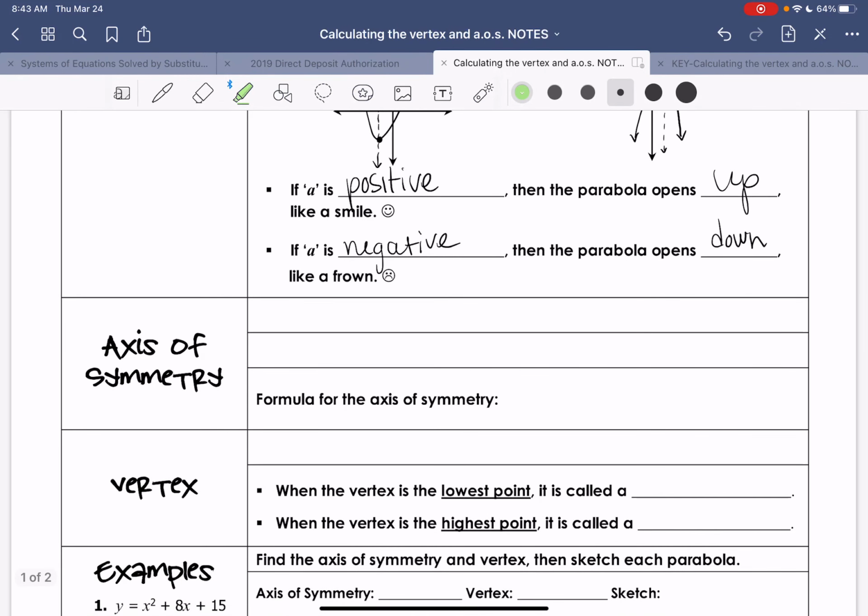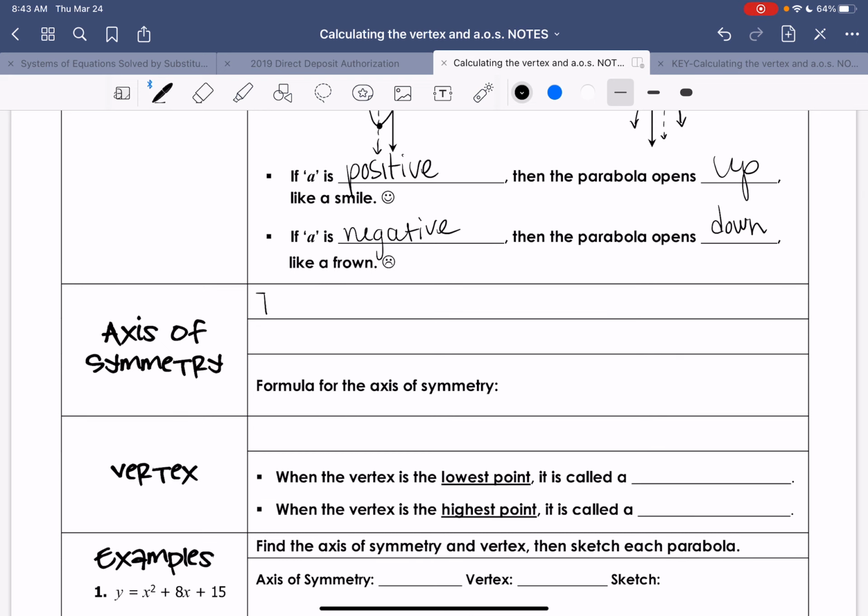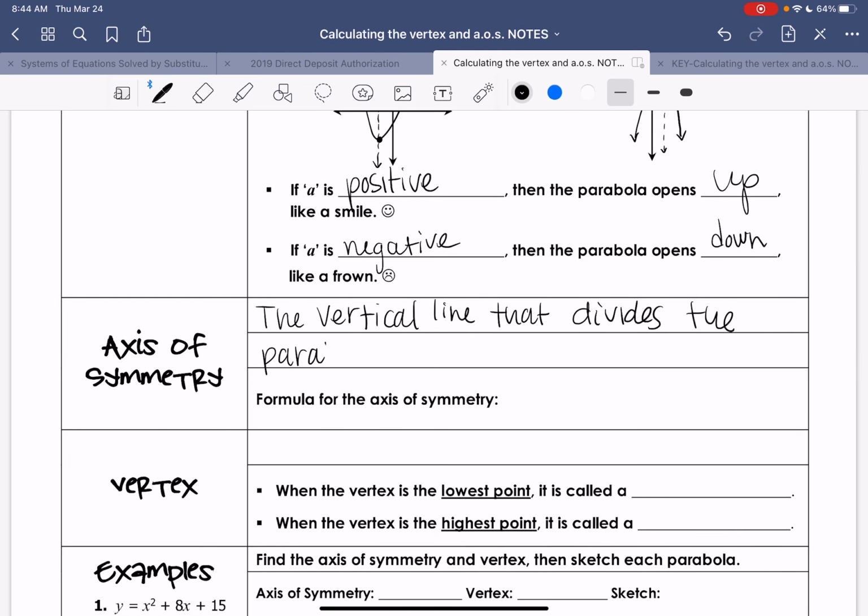So an axis of symmetry, I'm going to write in a definition here, is the vertical line that divides the parabola into two equal parts.